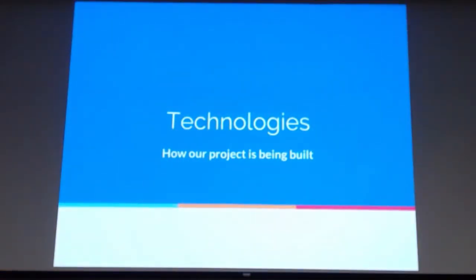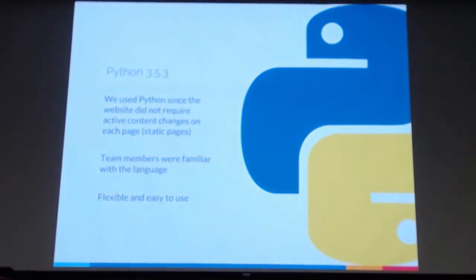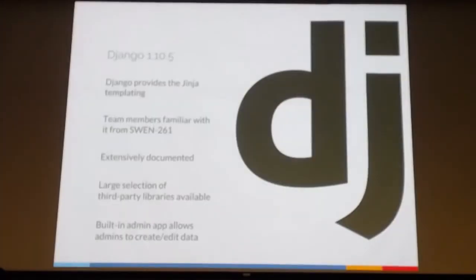Okay, so I'll just walk through the technologies that we decided to use. We decided on Python 3 for the back end of the website. The two primary reasons for this were that all of the team members were familiar with the language from classes during our time in school here. And secondly, we decided to use the Django framework for the back end.